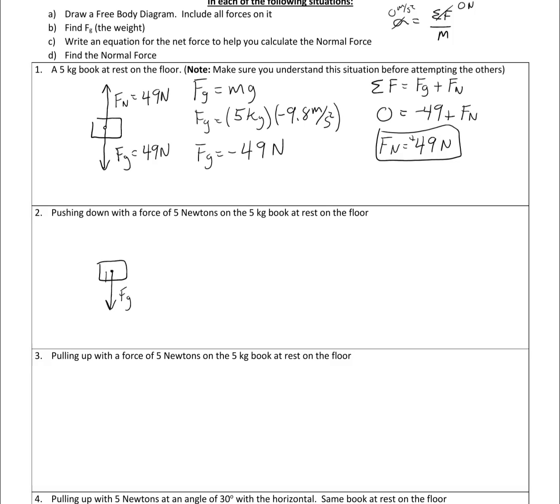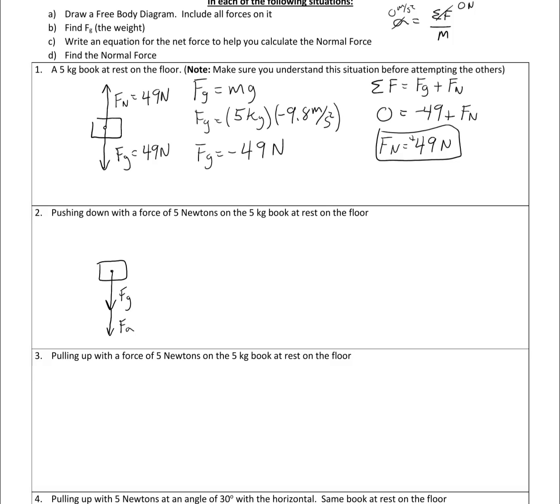You could draw that here and call it Fa for applied force, but for this it might be easier to draw it here because you have the weight plus an additional applied force acting downward. I'll use F sub A to represent the applied force. You're applying a force downward.